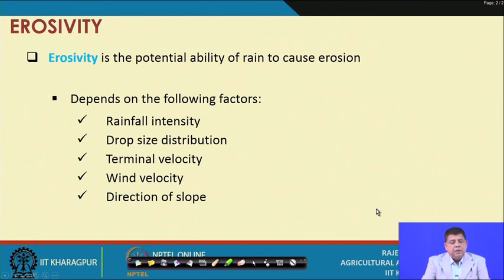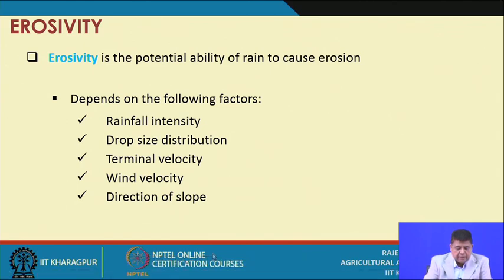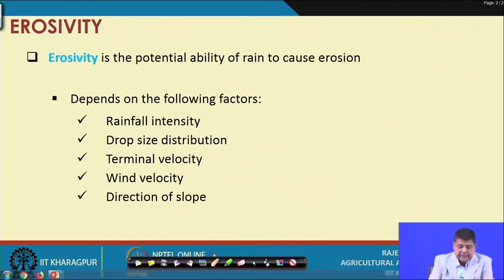Now, erosivity is the potential ability of rain to cause erosion, and it depends on several rainfall characteristics, that is, rainfall intensity and drop size distribution, since it is the kinetic energy which is responsible for raindrop impact. Obviously, if the drop size is larger, then the impact will be much higher.